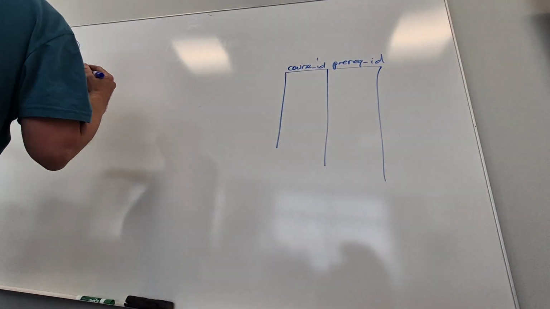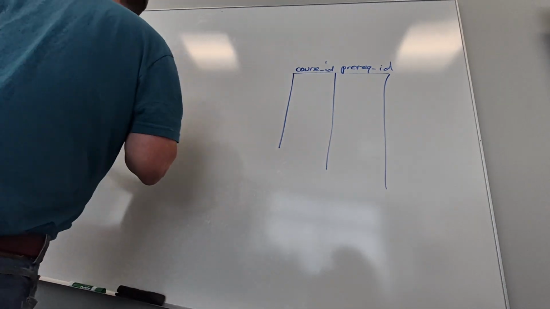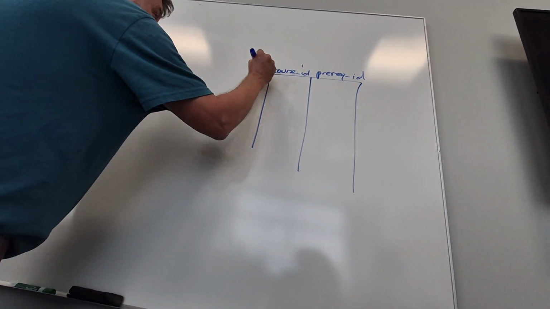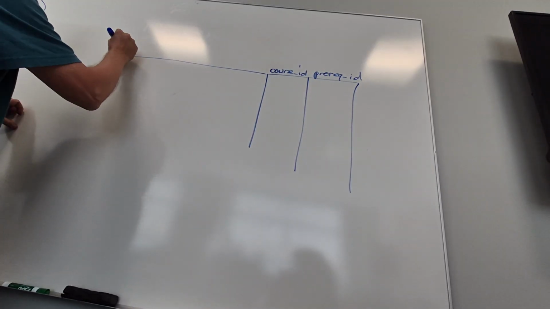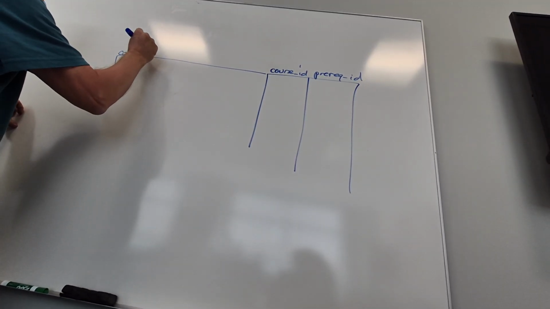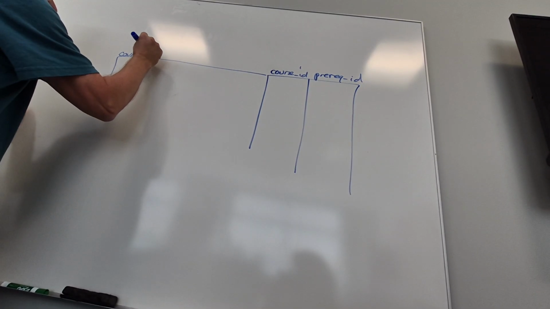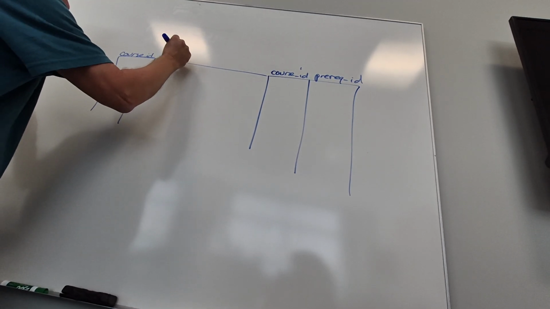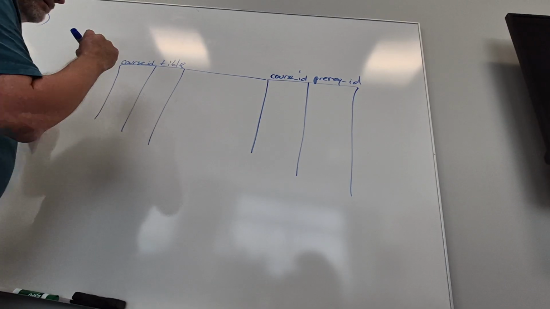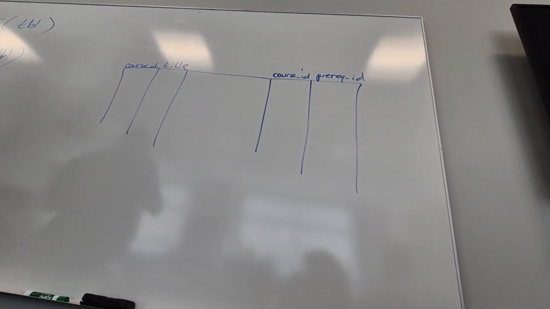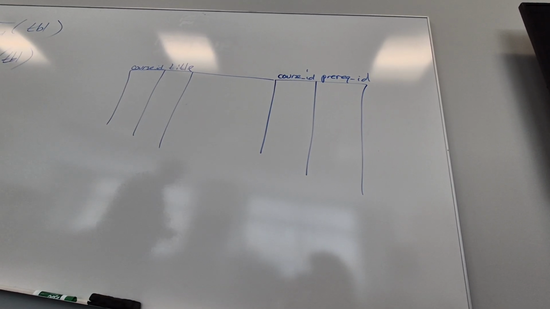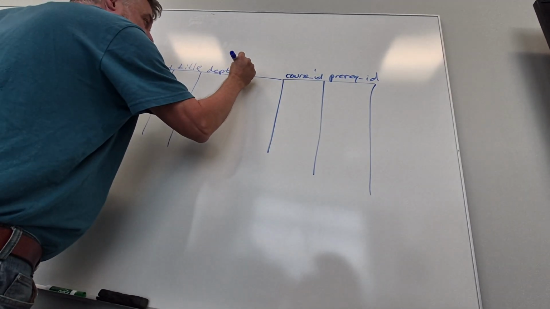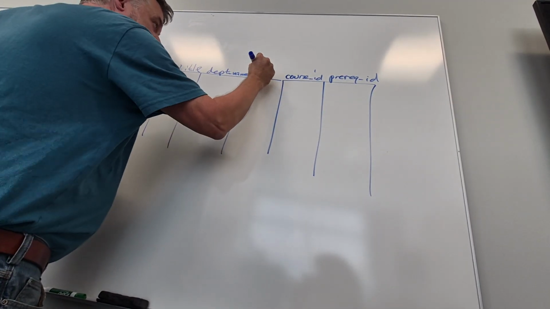And then when we did that Cartesian product operator, we're adding to all of that everything from the course table. So that's course_ID, and then you guys are going to have to remind me what comes next. Probably title, right? And what else is in the course table? Department name and credits. Thank you.